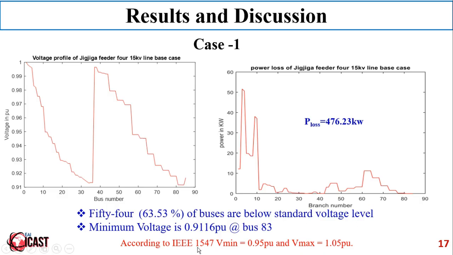That means according to IEEE 5047, the minimum voltage is 0.95 and the maximum is 1.05. The minimum voltage occurs at bus 83, with a value of 0.9116 per unit, and the branch power loss looks like such figures, and the total power loss is 476.23 kilowatt.